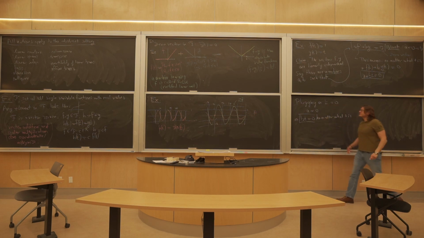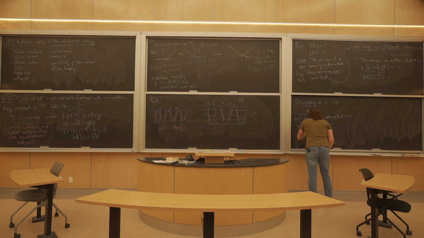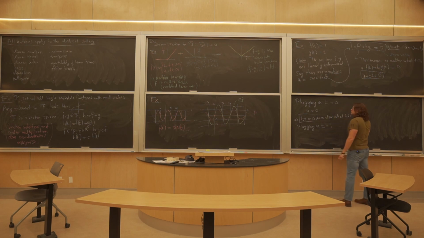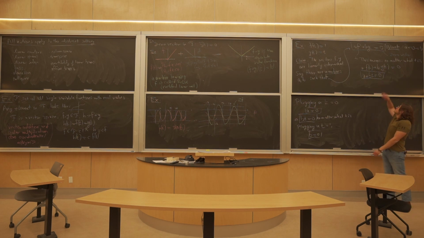But then I can plug in, for instance, t equals 1, which then would give me b equals 0. Okay, a has to be 0 and b has to be 0. Okay? And I started only with that linear combination. These two do tell me that a equals 0 and b equals 0. That is to say, f and g are linearly independent.